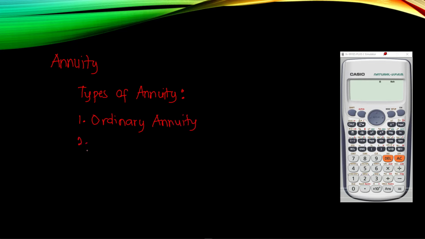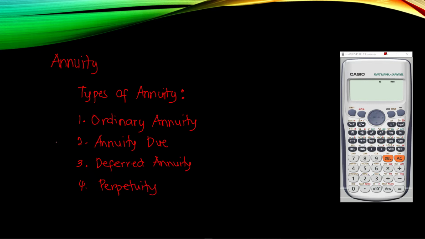Second is we have annuity due. Third is we have the deferred annuity. And fourth is the perpetuity. Okay?